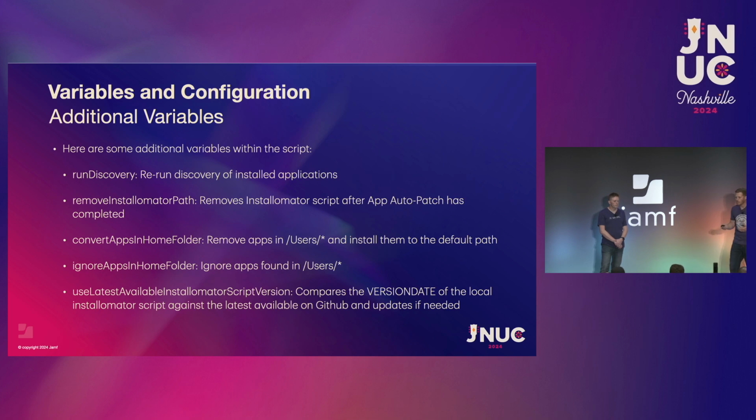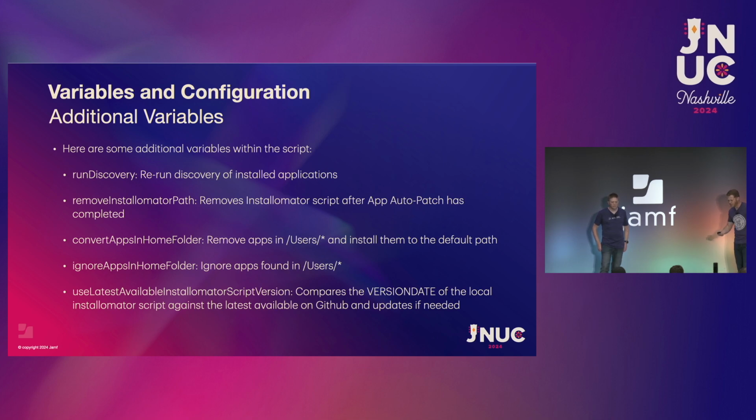So Installomator has releases that they put out, but that's not necessarily the latest version of the script in the Installomator repo, right? So we've added the functionality to look at the script date on the Installomator script to make sure that when you're pulling in those app labels, they're the most updated in the Installomator project. So that's one feature, for example.